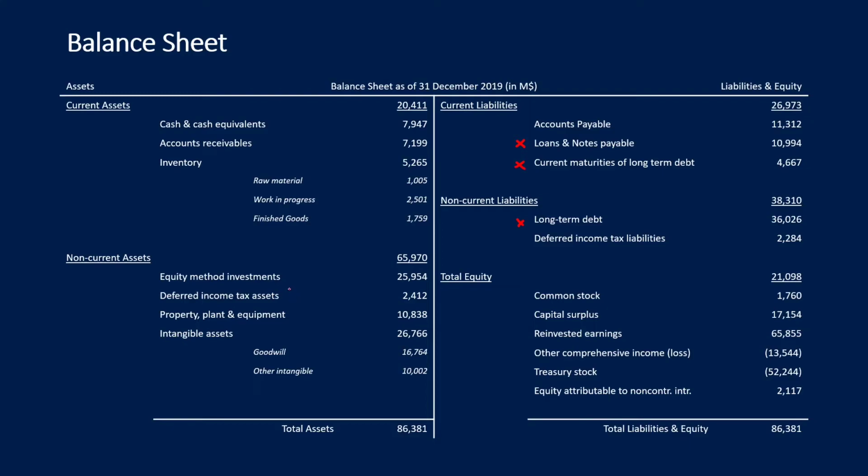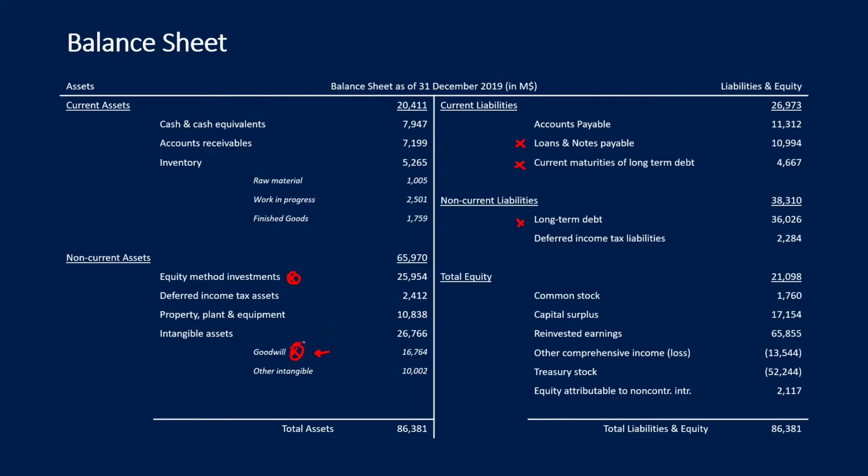For the other number, investments into other companies, we have equity method investments. Equity method investments is the book value of the other company, but revalued. And when we have bought this other company, we have paid more than this. We have paid this plus this one. But the goodwill that we see here is not covered by any book value of the other companies.